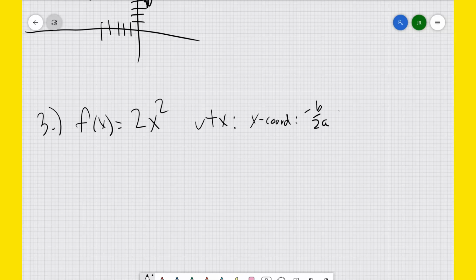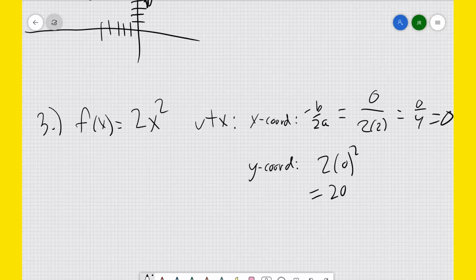There is no b, so b is 0. 0 over 2 times 2, which is still 0 over 4, which is still 0. Then plug 0 in to get the y-coordinate. Plug 0 in, 2 times 0 squared, which is 2 times 0, which is 0. So my vertex is 0, 0.